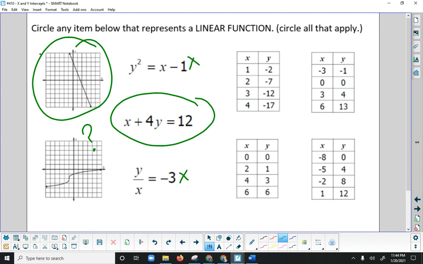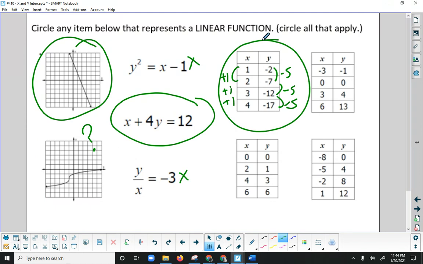Now how about the tables? Did you find the patterns? Were they easy? That's linear. Were there any more?